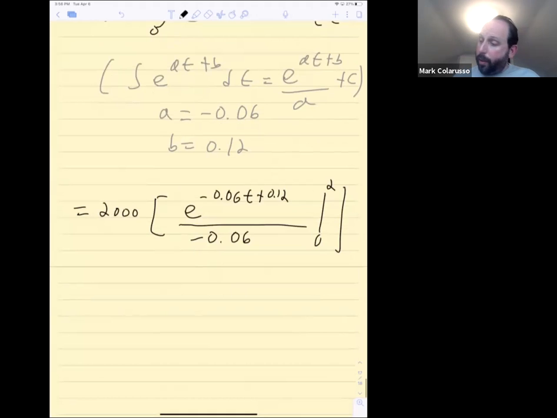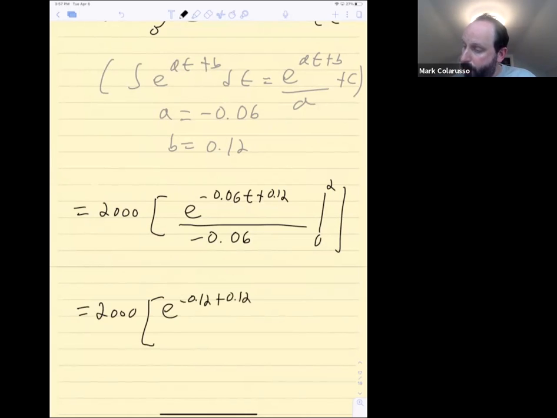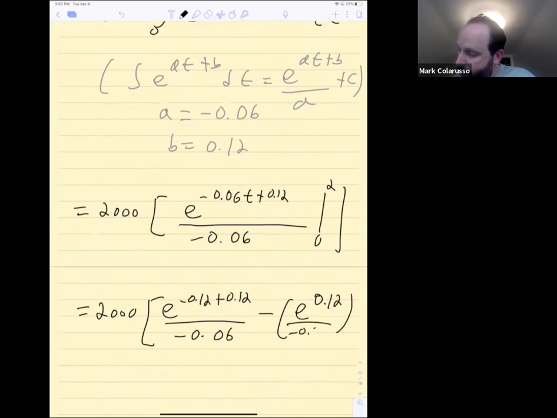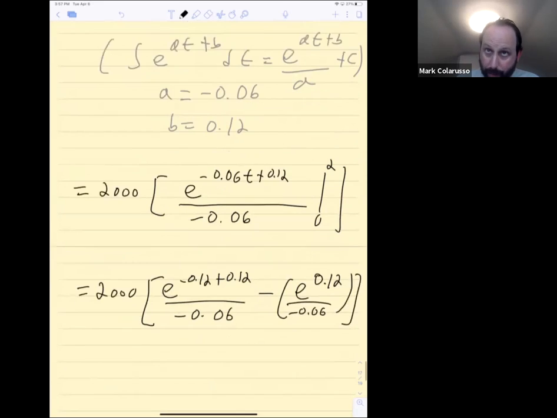Now we have to do some evaluation. Okay, so this is 2,000. If you plug in 2, you get e to the minus 0.12 plus 0.12 over minus 0.06. And you subtract, if you plug in 0, you get e to the 0.12 over minus 0.06. This looks kind of messy.